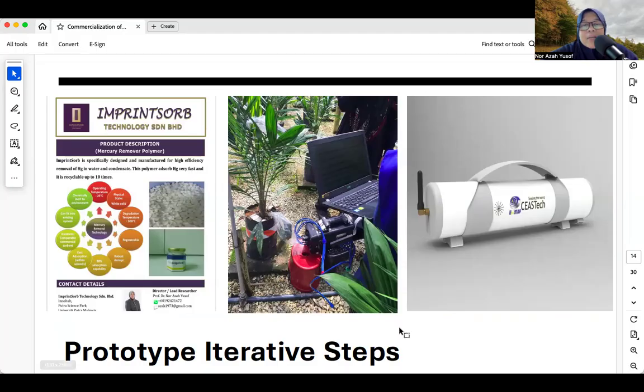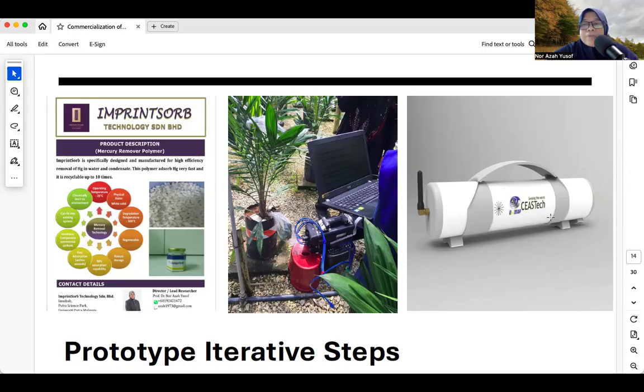So iterative steps are very important. As I said, once you engage and find that there's something wrong with your design or your formulation, you iterate, you improve. Just like what we have in our e-notes. This is our first version. You can see that we need to have laptops together, and the sampling is also quite difficult.